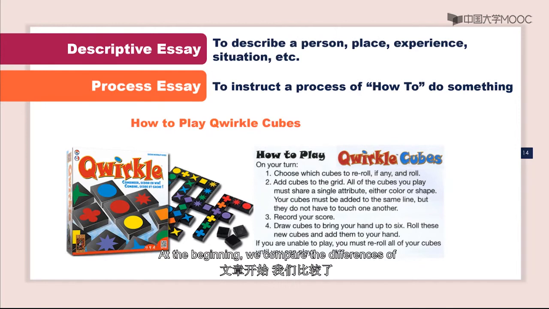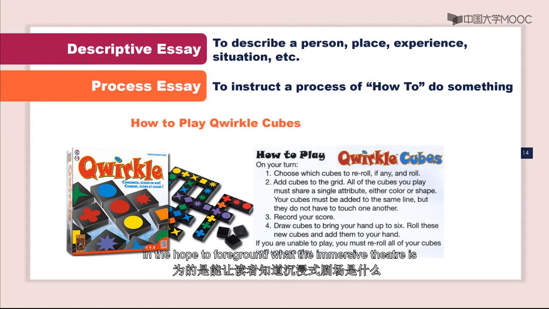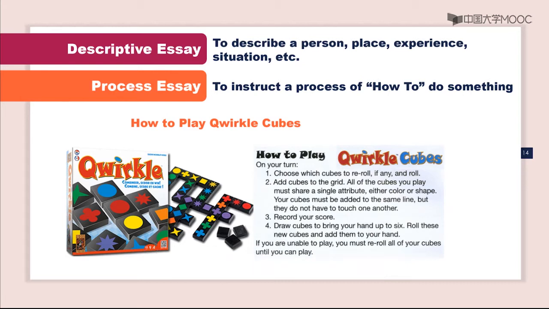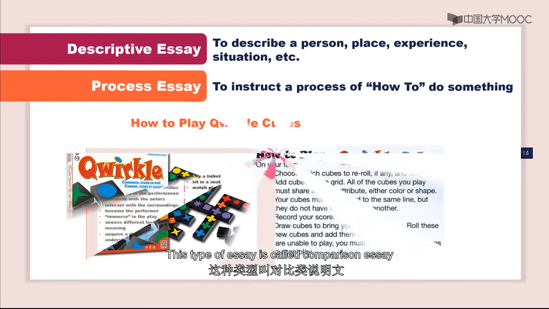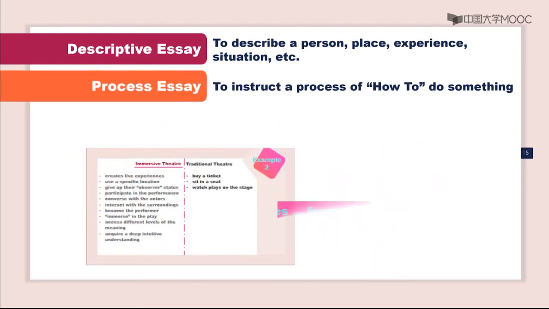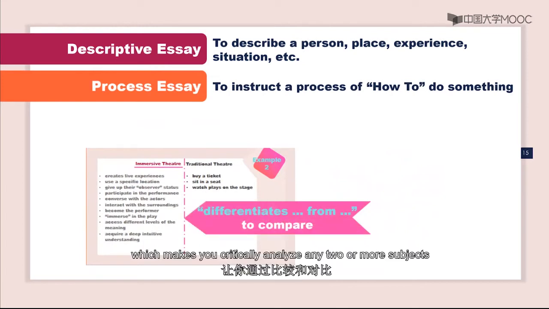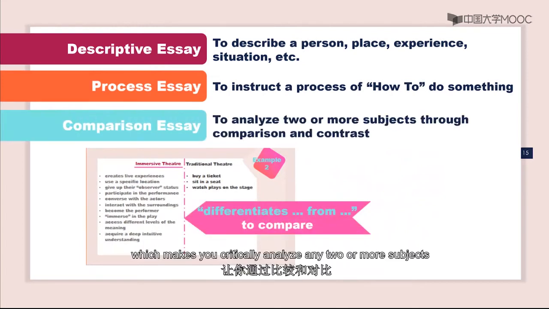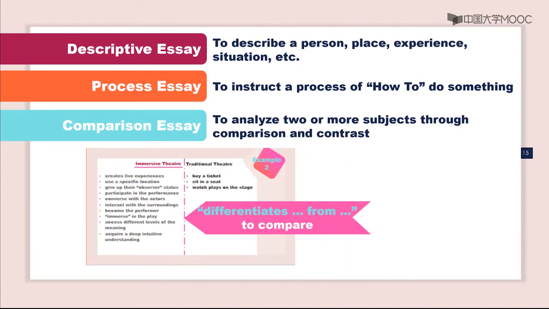At the beginning, we compare the differences of traditional theaters and immersive ones, in the hope to foreground what the immersive theater is. This type of essay is called comparison essay, which makes you critically analyze any two or more subjects through comparison and contrast.